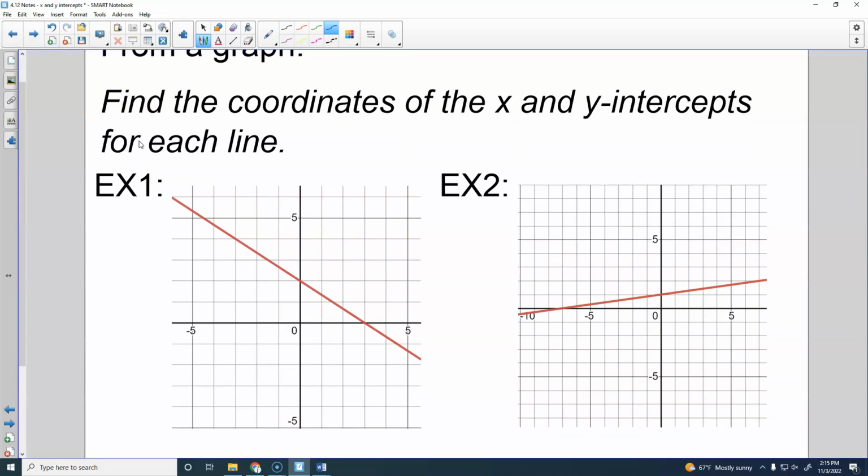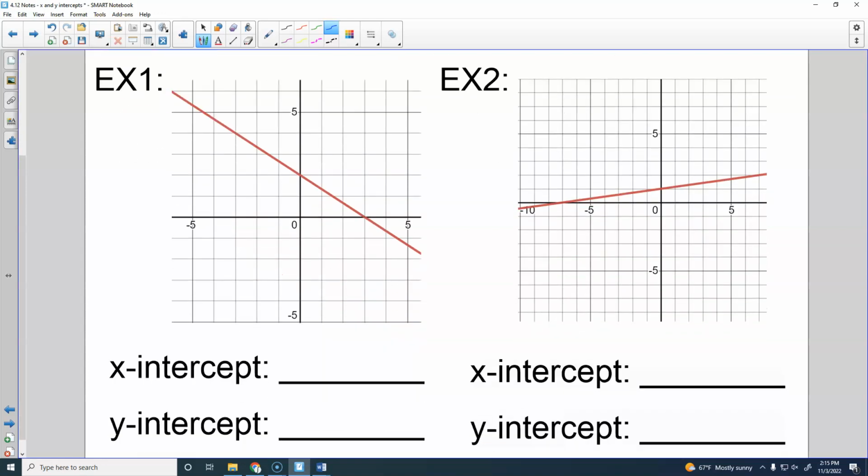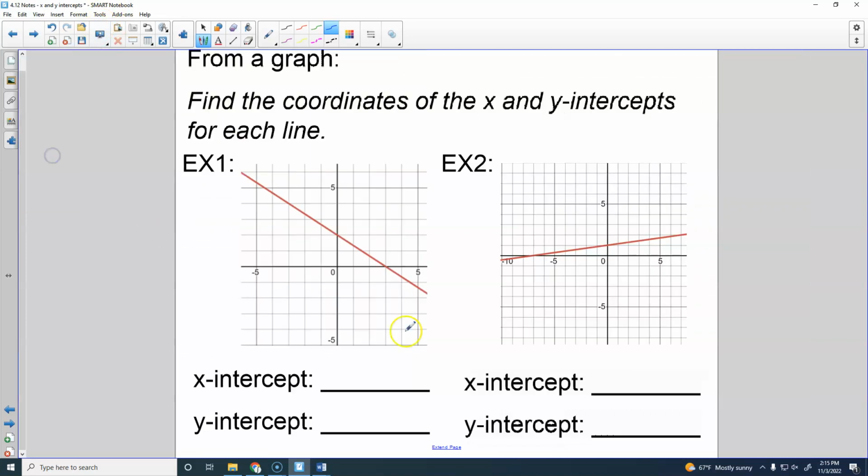From a graph, you should be pretty proficient at finding x and y intercepts. If we are given a graph, when we are looking for the x-intercept, we're just looking for where we cross the x-axis.